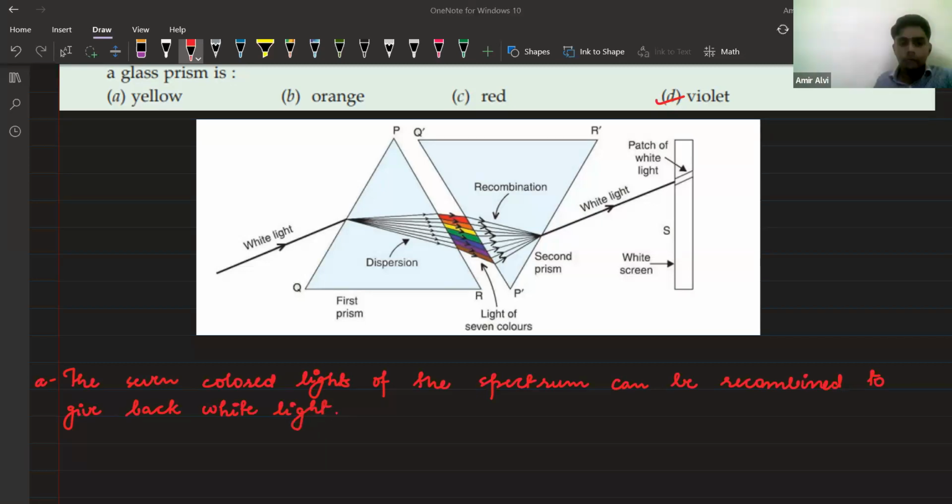Clear? Zainab and Junaid, is this clear? Yes.